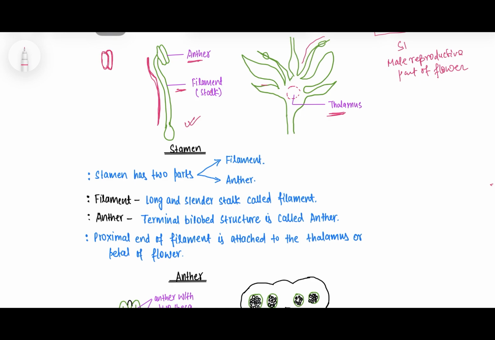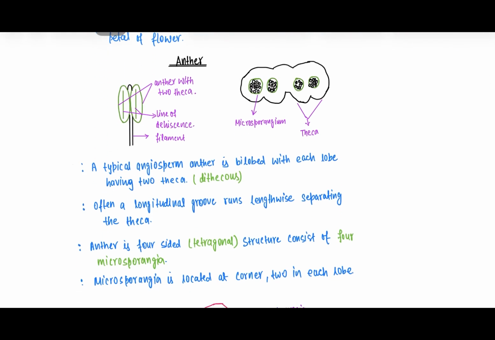This part is called anther. Clear? And the proximal end of filament is attached to thalamus. Here you can see this part is attached to thalamus. Clear? Next we will move on to anther.